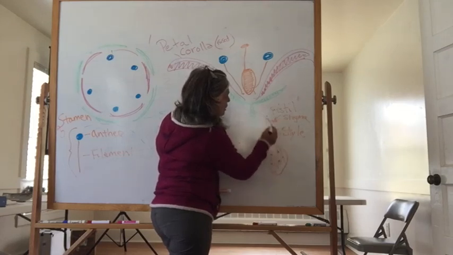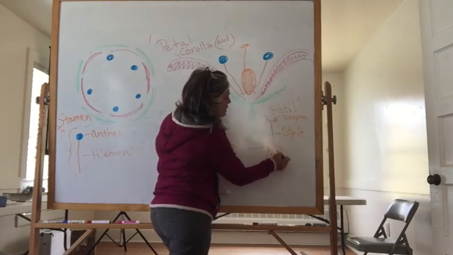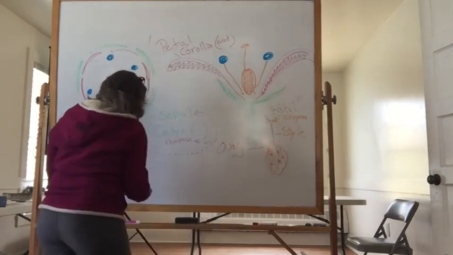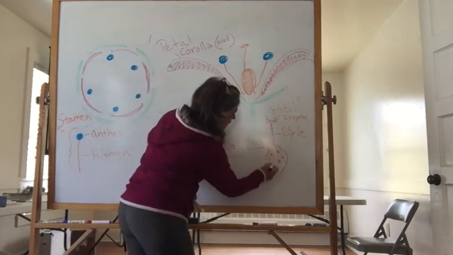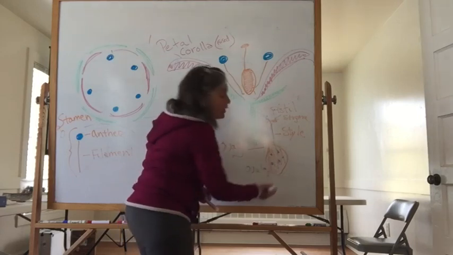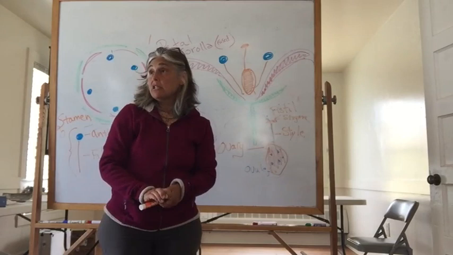Each pollen grain comes in and pollinates each of these ovules. These little things right here are ovules. It's sort of like ovaries having eggs, right?